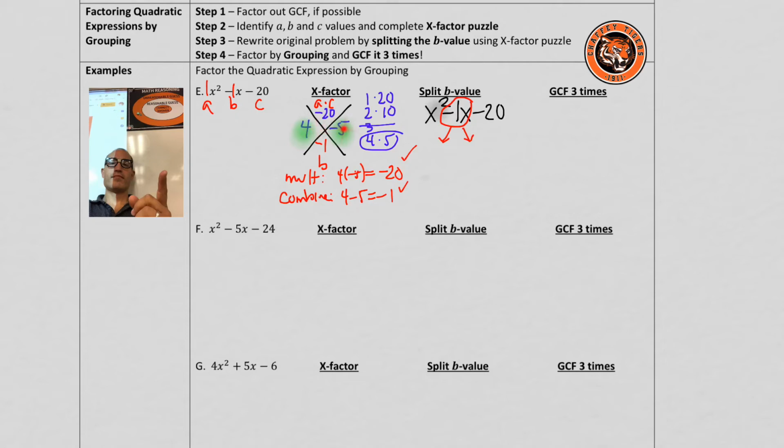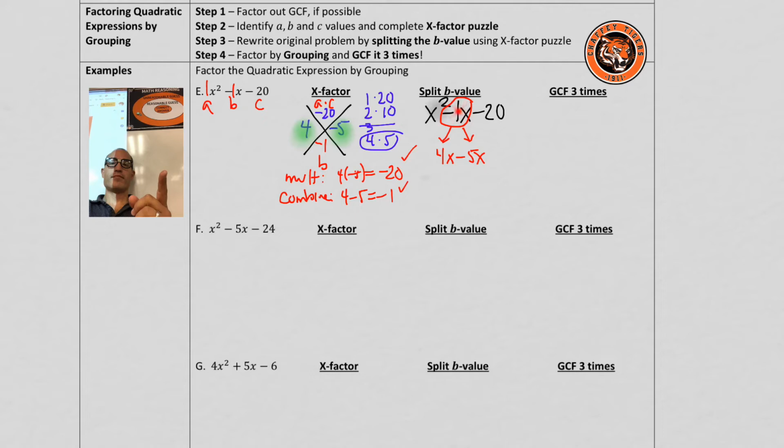I'm going to add the x back in now. So using the numbers 4 and minus 5, you'll see here, 4, and then I'm going to add the x and minus 5. Can you guys see how basically 4x minus 5x is the exact same thing as my original minus 1x? That's all this is doing for me.